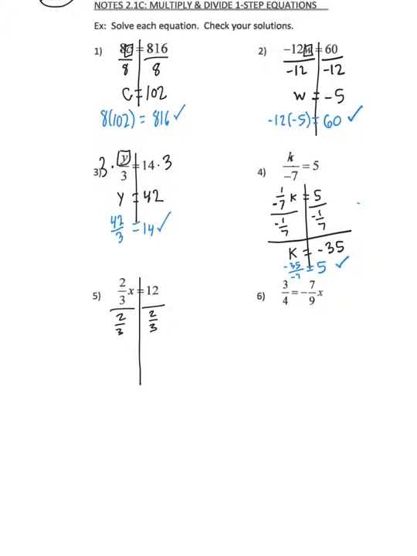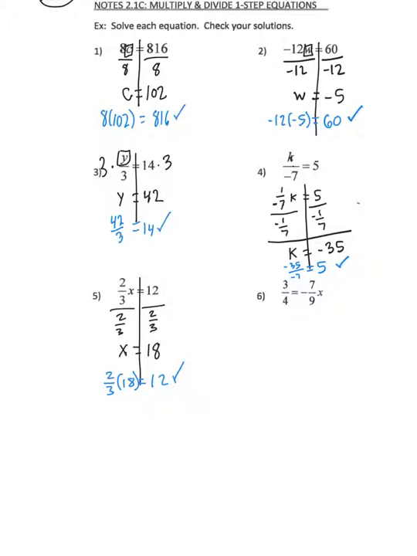Two-thirds divided by 2/3 is 1, so I'm just left with x. And then 12 divided by 2/3 gives me 18. When I plug this back in, I get 2/3 times 18. When I check that, it gives me 12, which is what I wanted.